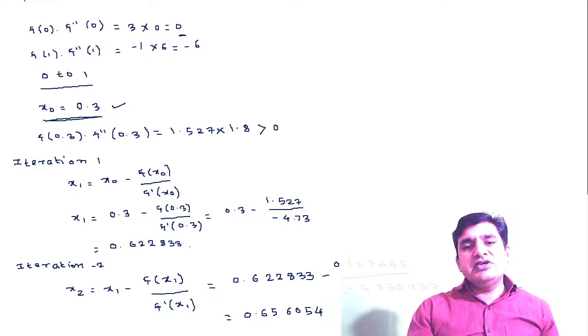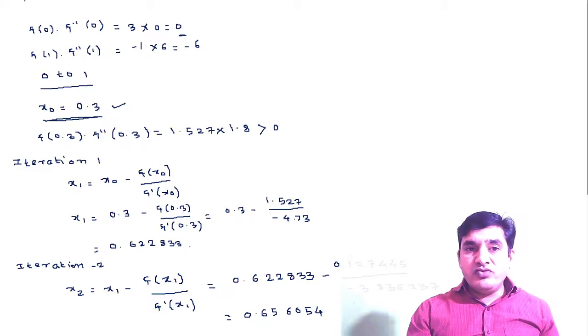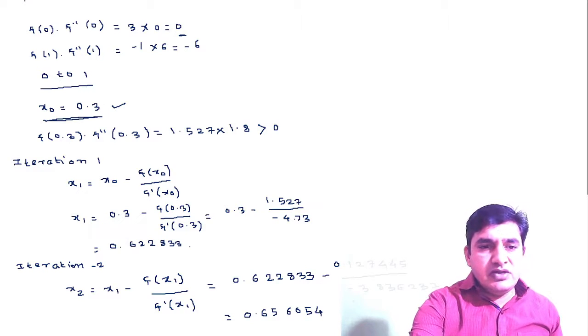After solving this equation, we get the value of x2 as 0.656054. Now third iteration.